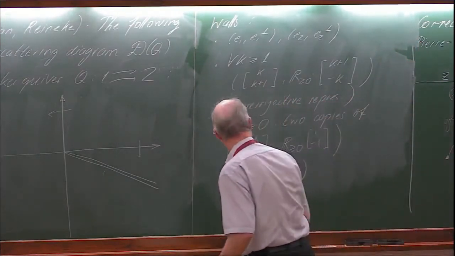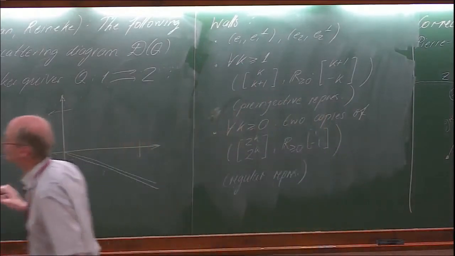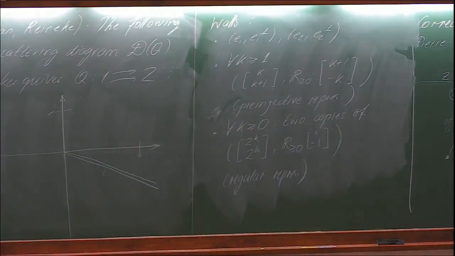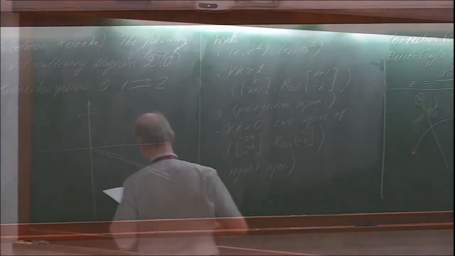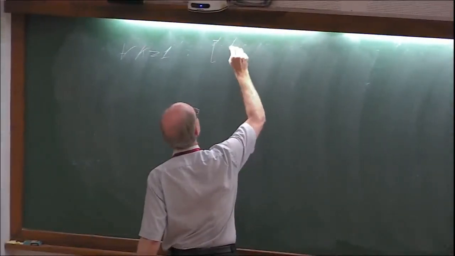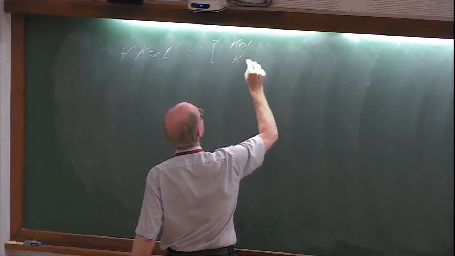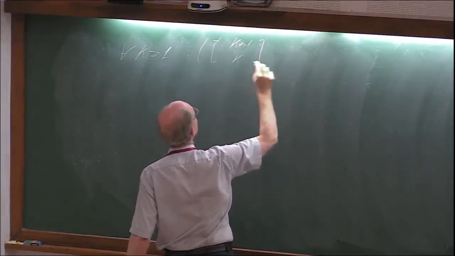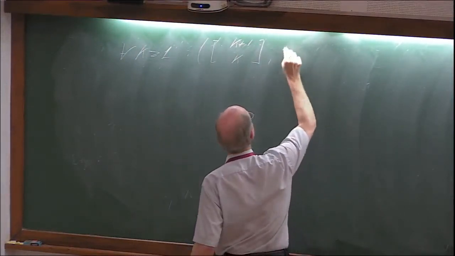And finally, we have the post-projective representations with dimension vector k plus 1, k, and a ray.